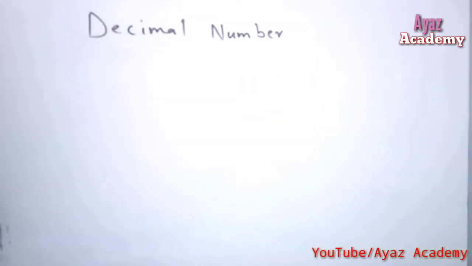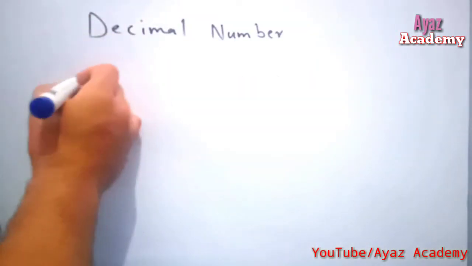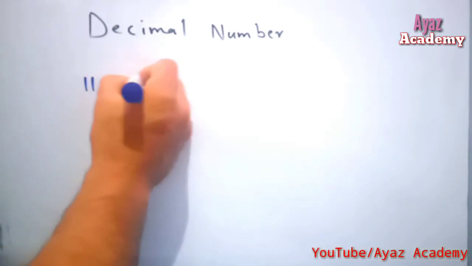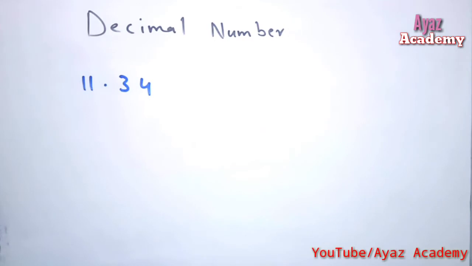Let's look at another example. Suppose 11.34 is a decimal number.